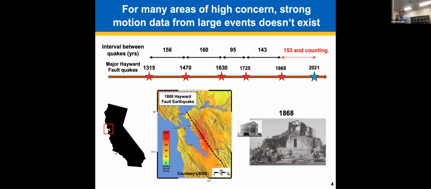So although we have a significant number of small events, magnitude 3 and 4 events associated with the Hayward Fault, that we can use to check and calibrate models, the point is, for many of the large events that we're concerned about and want to think about designing to in the future, we have no strong motion data for large events. So that really adds to that gap of understanding.